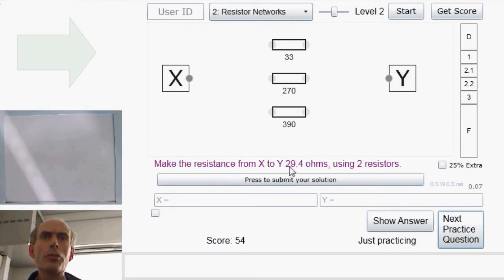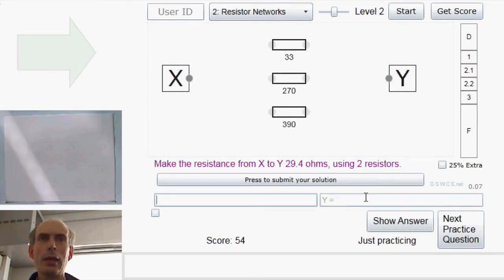we need to make the resistance 29.4 ohms using 2 resistors, and this time we can see that 29.4 is smaller than any of these 3 resistor values, which means that we're going to have to put 2 of these in parallel. One of them will have to be the 33, but which is the other one?